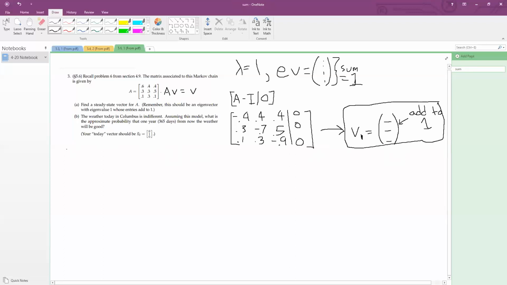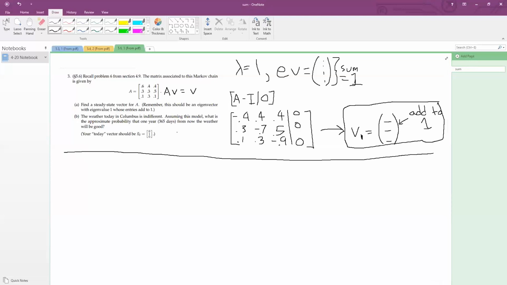So now we have part B. Okay, in part B, this is actually about the weather, right? We're given the weather in Columbus and a probability vector that predicts what the weather will be in the future. So it says the weather today in Columbus is indifferent. Assuming the model, what is the approximate probability that 1 year from now, 365 days, the weather will be good?